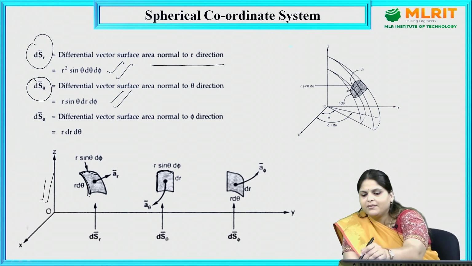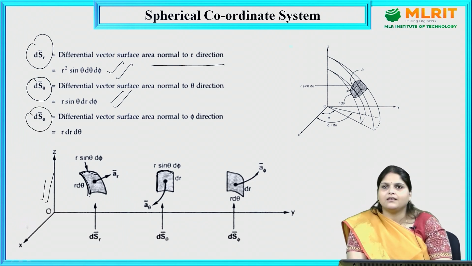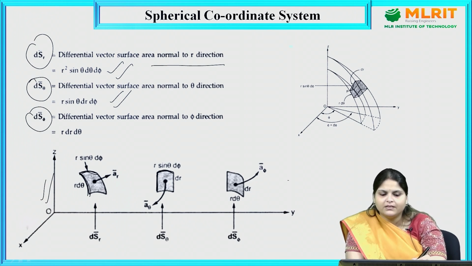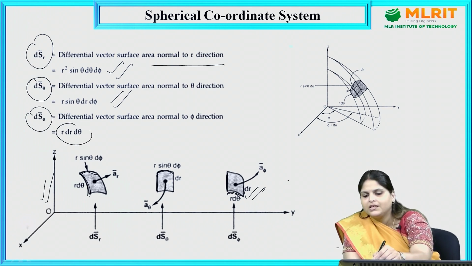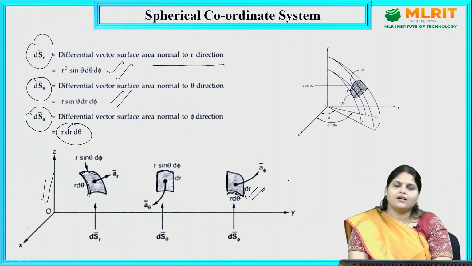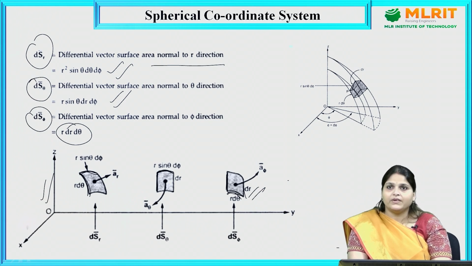Now the next one is dS phi, the differential vector surface area normal to the phi direction. So we need dr and this curve r d theta. So it becomes r dr d theta. So these are the differential vector surface areas.